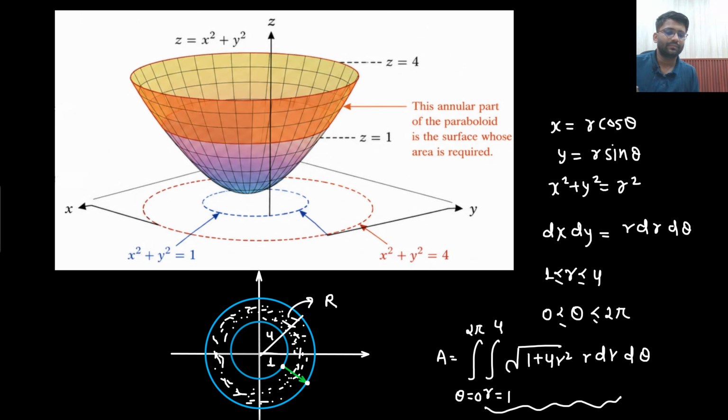So what you will be left with is A equals 2 pi times the integral of r from 1 to 4, under root 1 plus 4r square into r dr. This is what we are supposed to solve. So I will put 1 plus 4r square equals t.